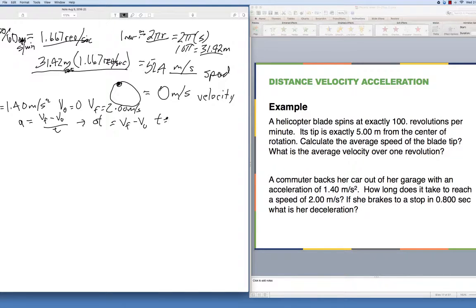So T is going to equal VF minus V0 over A. And that's going to be 2 minus 0 over 1.4. So T is going to be 1.43 seconds.